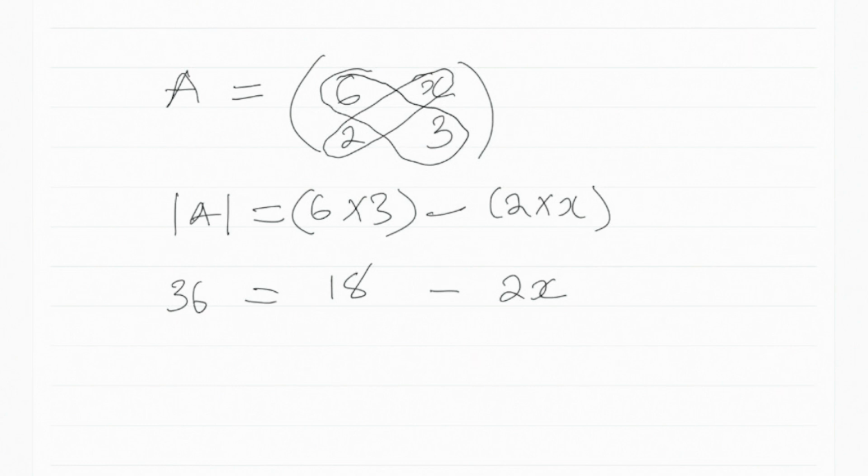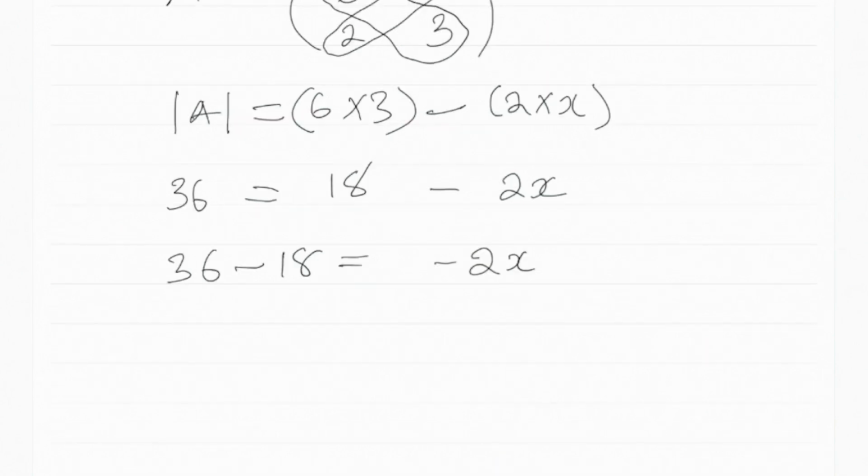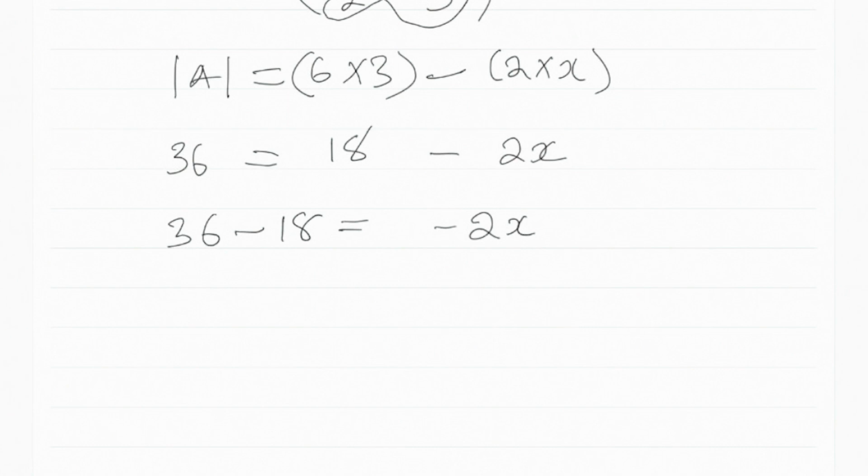When we transpose 18 to the other side, we are going to have 36 minus 18 equals negative 2x. So when we subtract 18 from 36, we have 18 equals negative 2x.